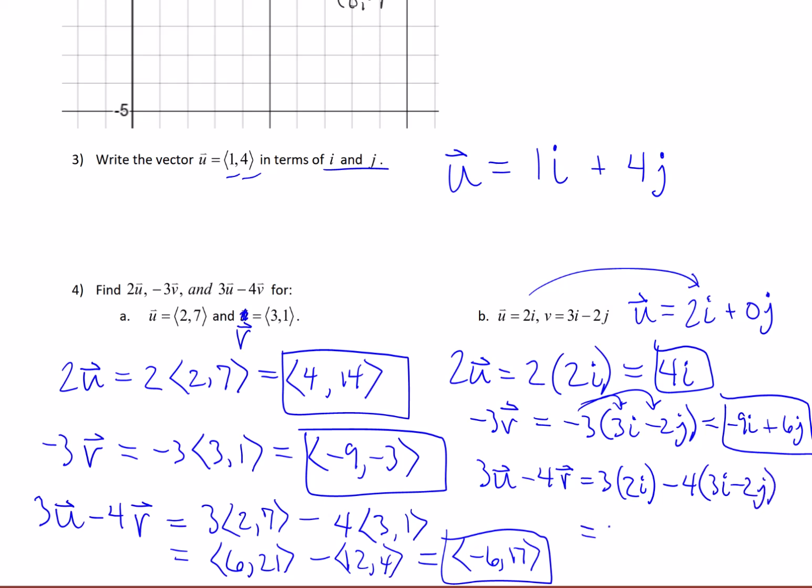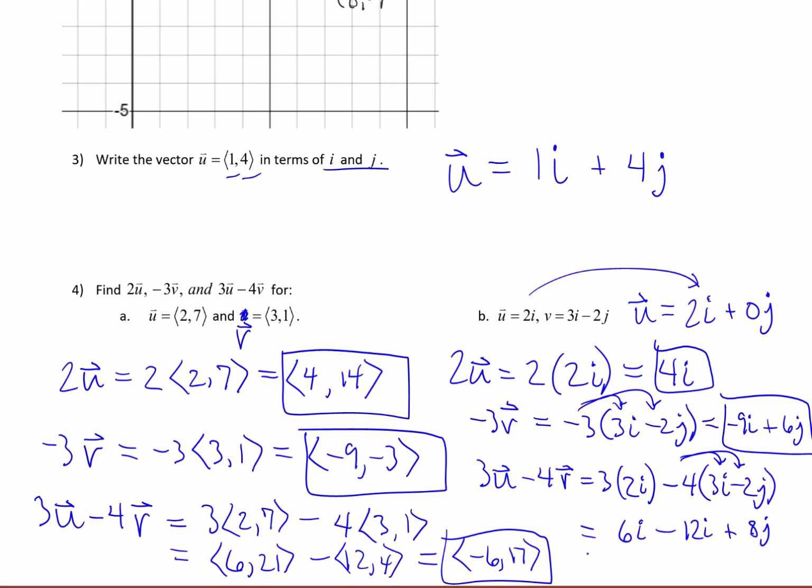And we're going to simplify this to be 6i, that's 3 times 2i, minus, we're going to distribute the negative 4 to the second vector here. So negative 4 times 3i would be minus 12i. And then negative 4 times negative 2j would be plus 8j. Just doing basic algebraic distribution here.